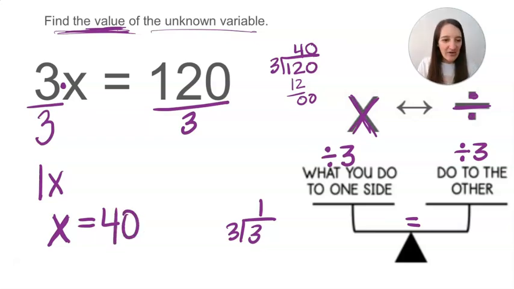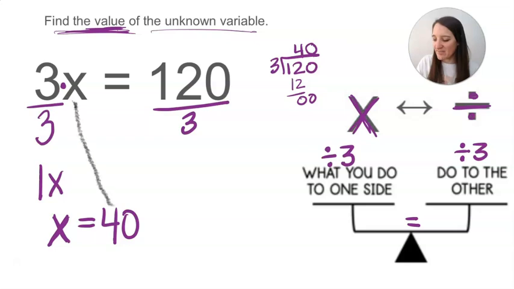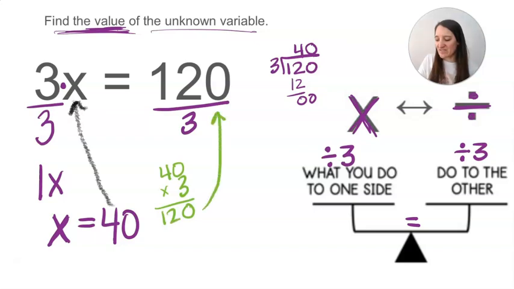Now I am going to change my color and check it. I'm going to replace the x with the 40, go 3 times 40, and get 120. So check, x is indeed 40.